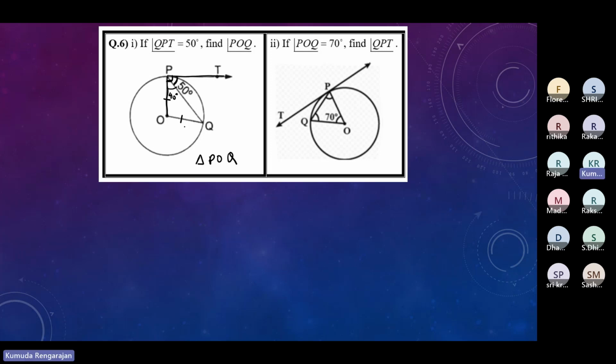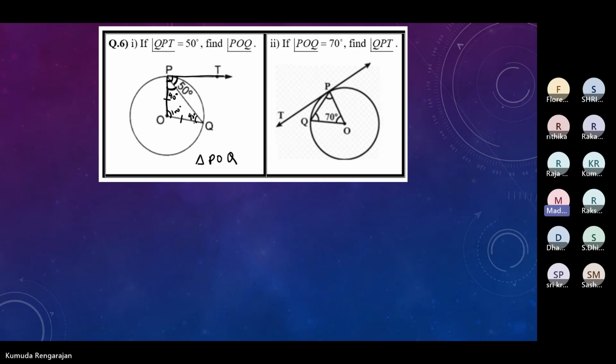If two sides are equal, the angles opposite the equal sides are also equal. So if this is 40, this is also 40. Isosceles triangle property. Now by the angle sum property of a triangle, 40 plus 40 is 80, 180 minus 80, this is 100 degrees. POQ is equal to 100 degrees.